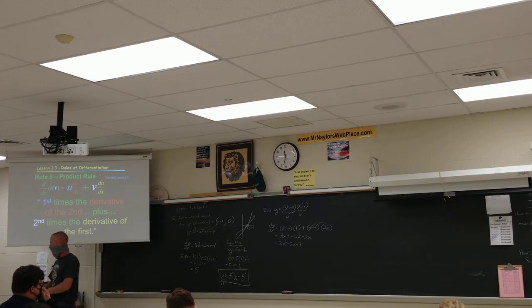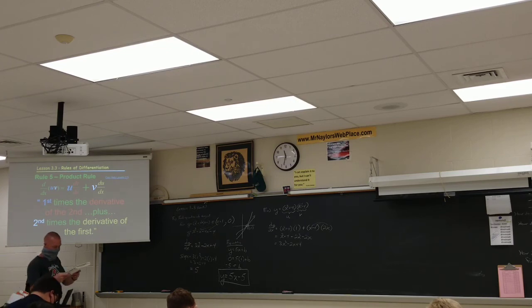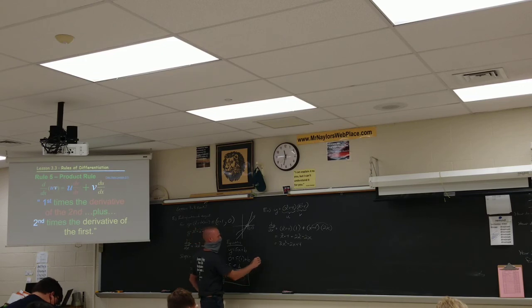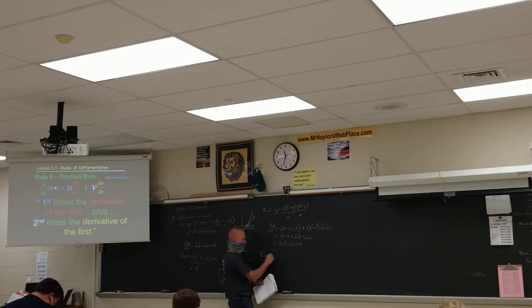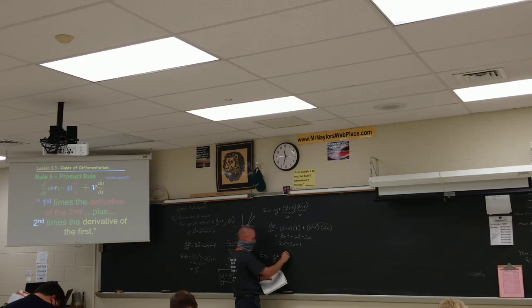Okay, so the product rule. See, I wouldn't fool you, okay? It works. Try one and try it with the product rule. What I'm suggesting is think of this as a first and a second.